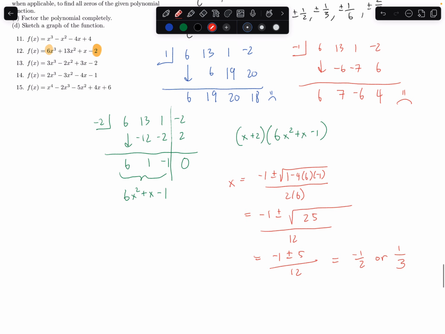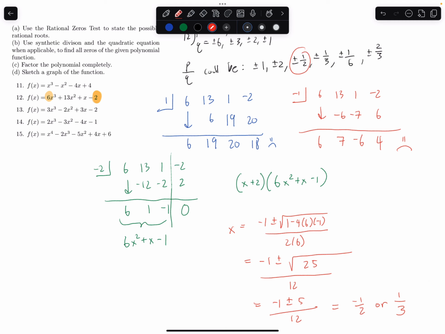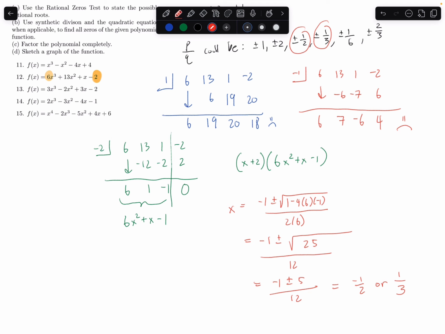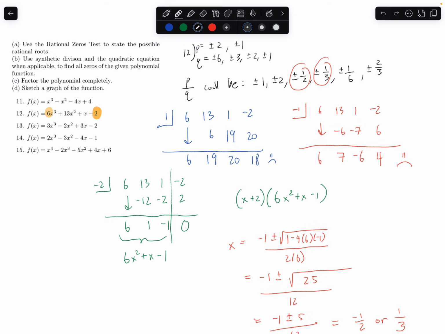Notice, guys, -0.5 and 1/3 were listed in our potential rational roots, so that makes sense. We did the possible rational roots, and we used synthetic division and the quadratic equation to find all the zeros.